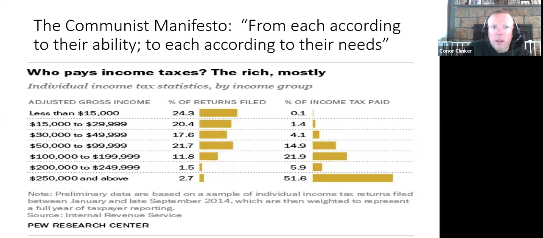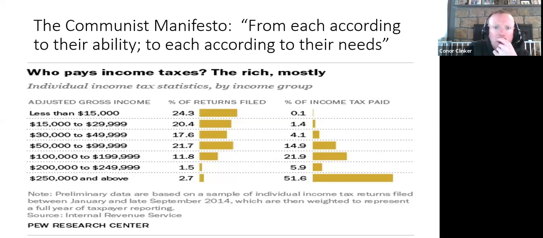People with more money have more ability to pay more taxes, and people who don't make any money don't have the ability to pay taxes, but they do have needs because they don't have as much money as some other people. Therefore, the government takes significant amounts of money from people that make money, and they give that money to people that don't make money. That's how our tax system works.